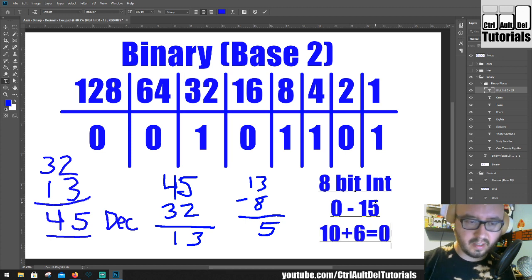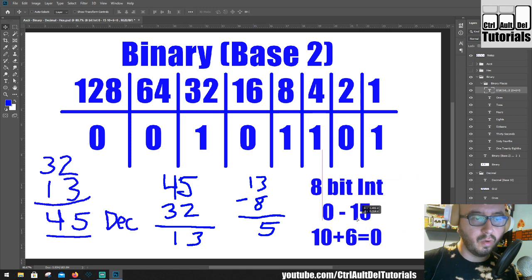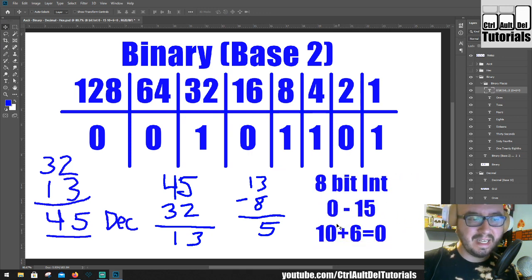And they're surprised because the result is 0. Why would the result be 0? Well, I can't store the number 16, which should have been here, into an 8-bit integer. So we get what's called overflow.